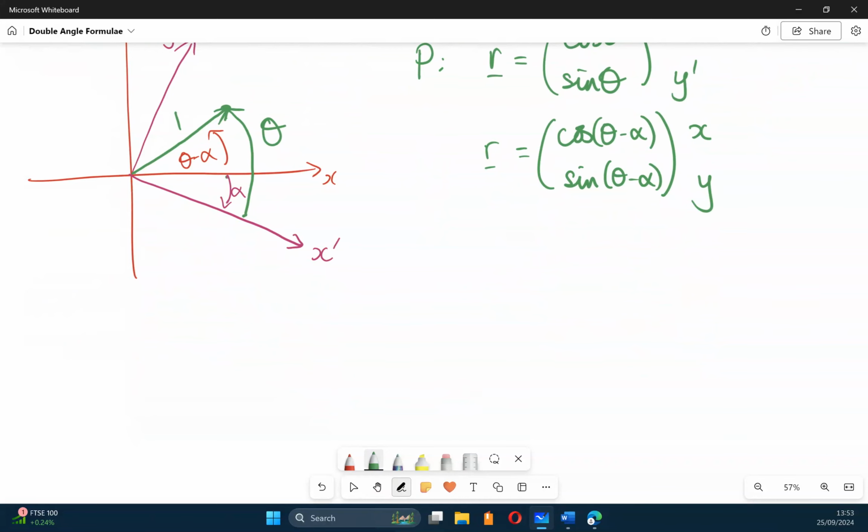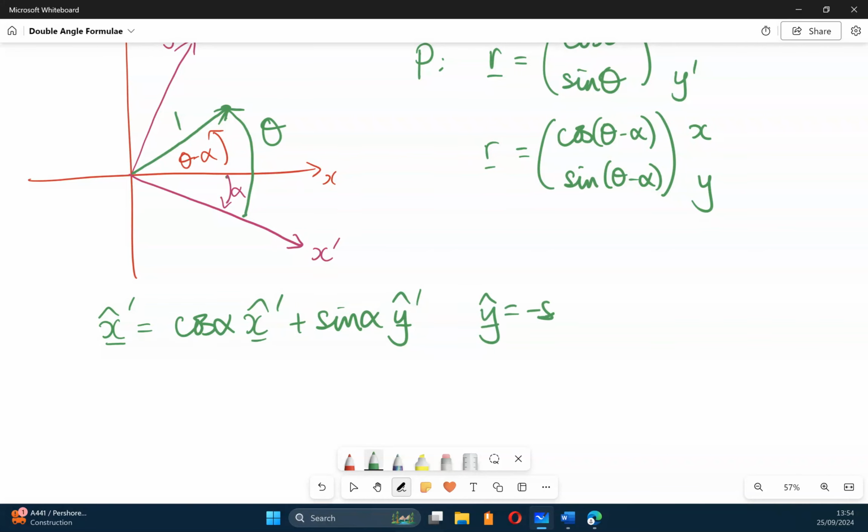So what we could do here is we could say that, well, we know from earlier that x hat was equal to cosine alpha of x prime hat plus sine alpha of y prime hat. And then we also know that y hat was equal to minus sine alpha of x prime hat plus cosine alpha of y prime hat.